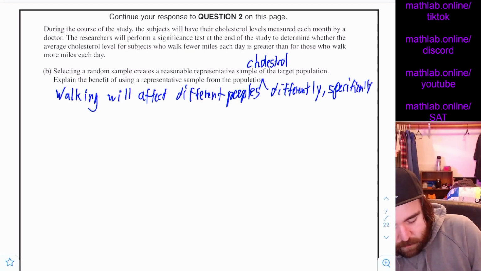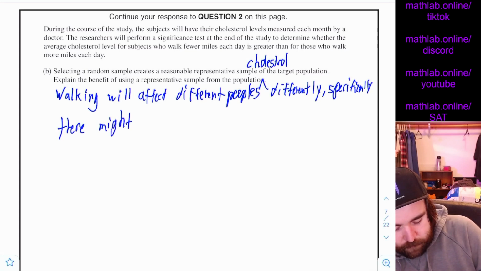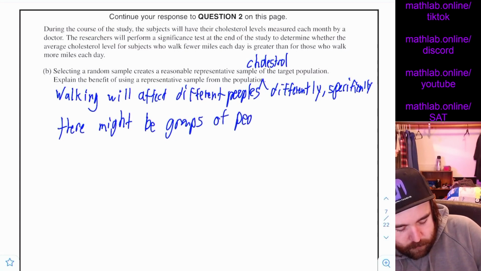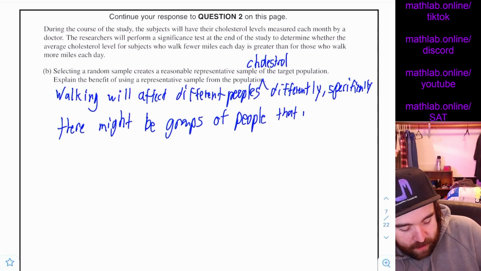Specifically, there might be groups of people that it has very little effect on.